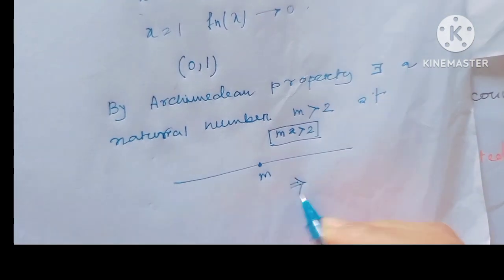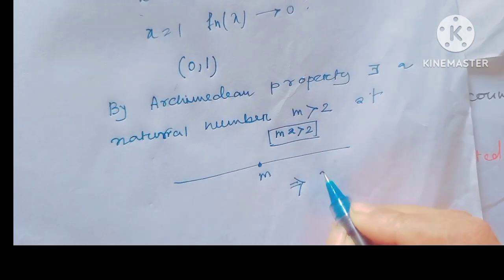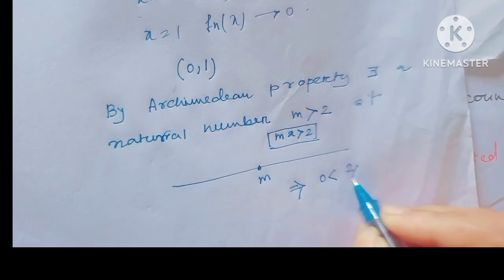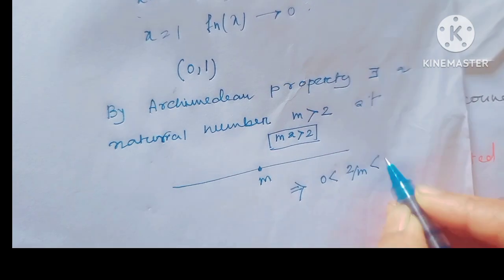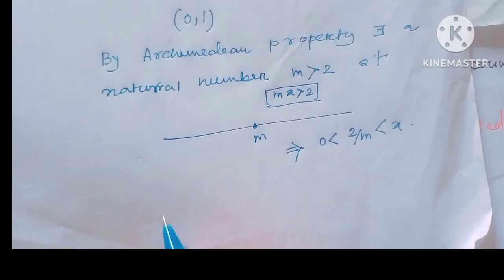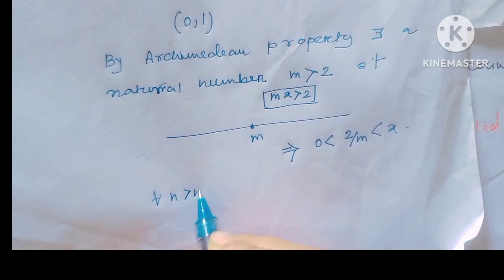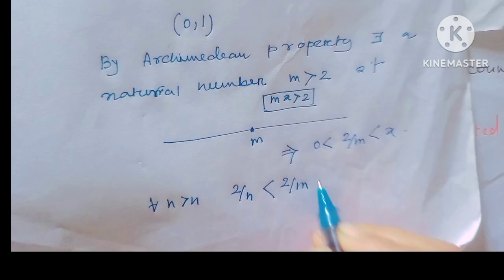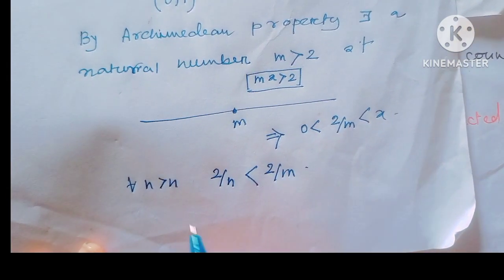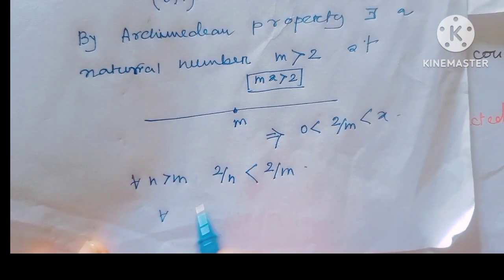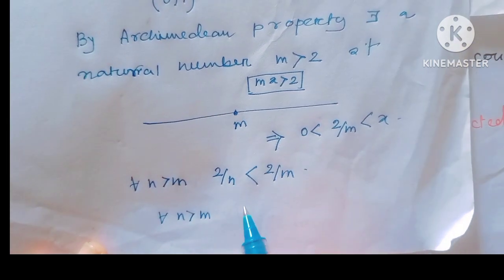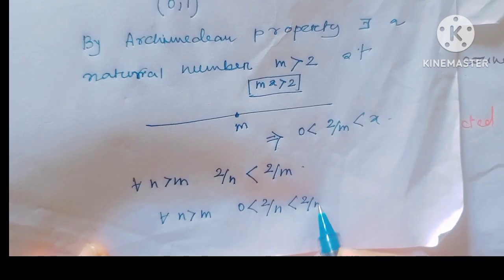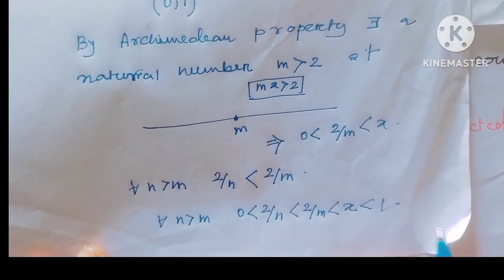Then that implies 0 is less than 2 over m, which is less than x. And for all n greater than m, 2 over n is less than 2 over m. So for all n greater than m, 0 is less than 2 over n, less than 2 over m, less than x, less than 1.